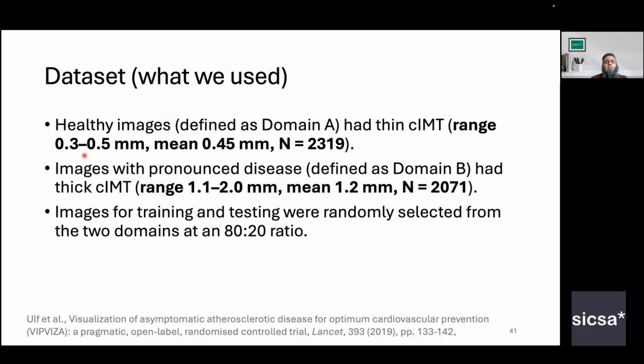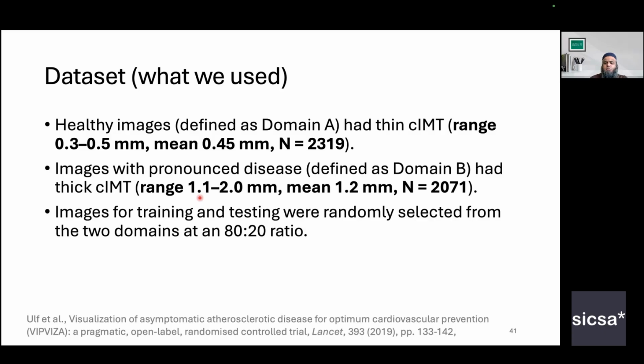We picked those individuals where we only had a thickness of 0.3 to 0.5 millimeter, and clinically they are referred to as healthy individuals. And then we picked around 2,000 images from those cases with pronounced atherosclerosis. Here the criterion is that the thickness is greater than 1.5 millimeter.